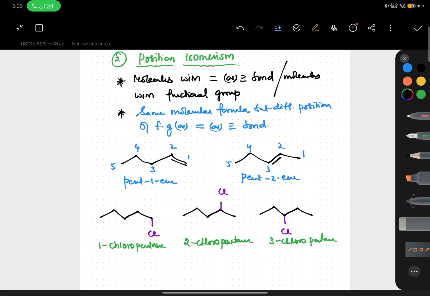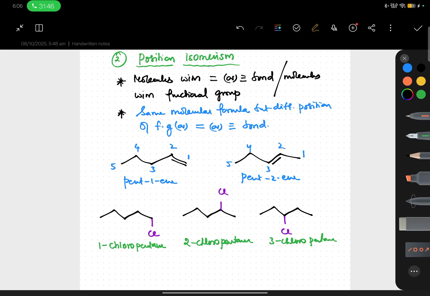If the change is coming within the chain, we call it metamerism. Can you see the textbook? First they have given the molecular formula C5H10. Next they are giving C4H9Cl. Third they are giving a ketone. That is wrong. Please strike it out now. That is a wrong concept.